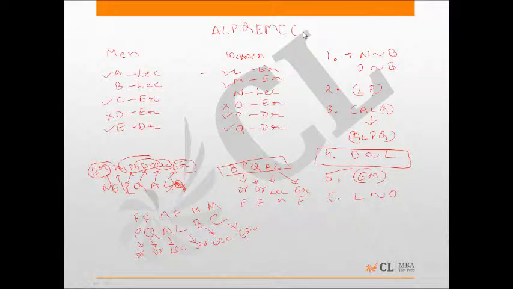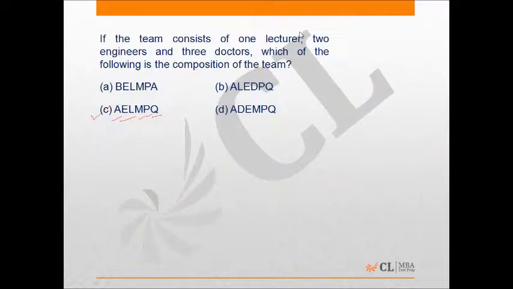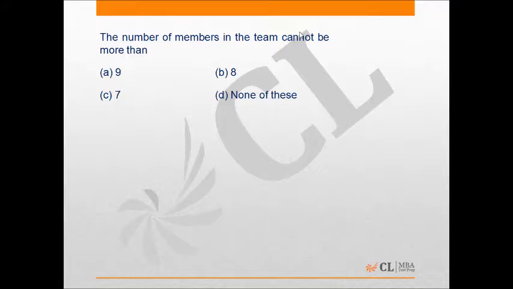So I will have either B or N with me. Fine. So in total I will have 1, 2, 3, 4, 5, 6, 7 and the 8th would be one of these people. So at max I can have a team of 8 people. So the answer is option B.